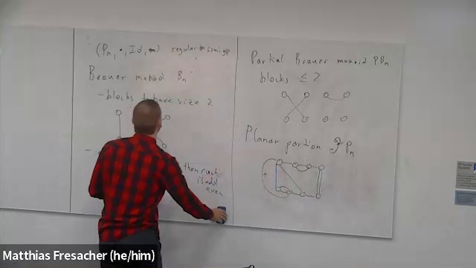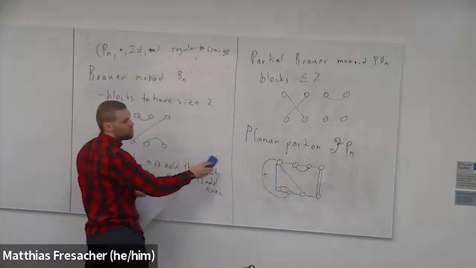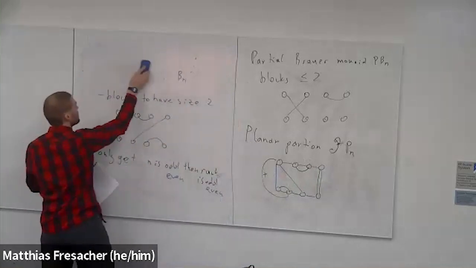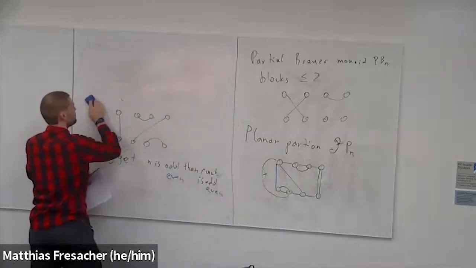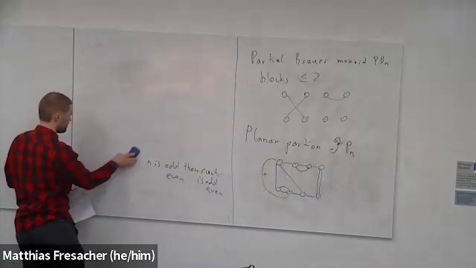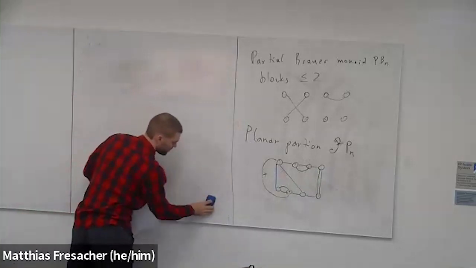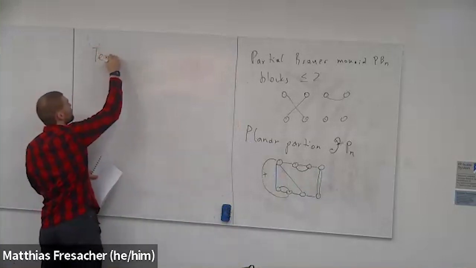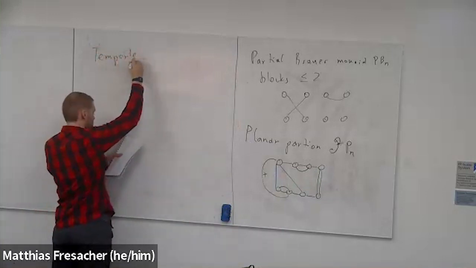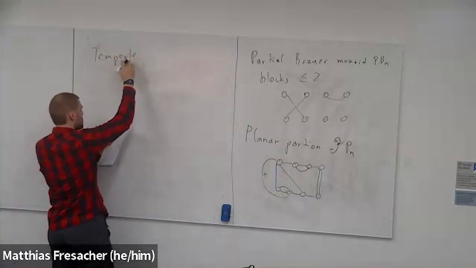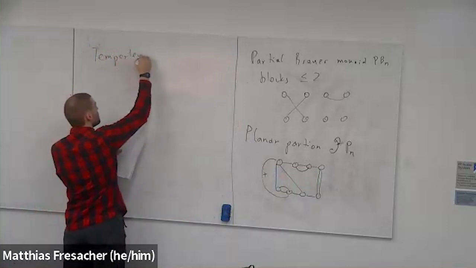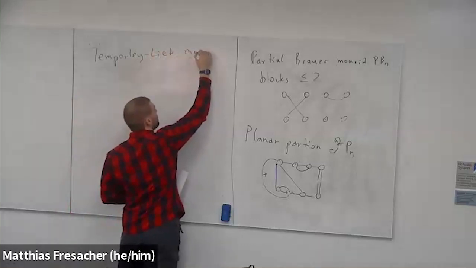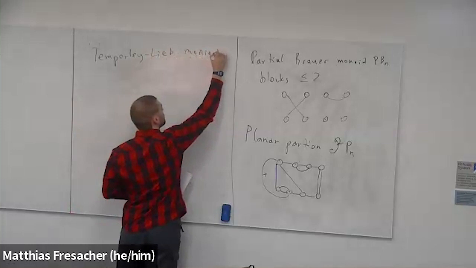From this, we can combine the idea of the Brauer monoid and this planar idea. If we do that, we end up with the Temperley-Lieb monoid.